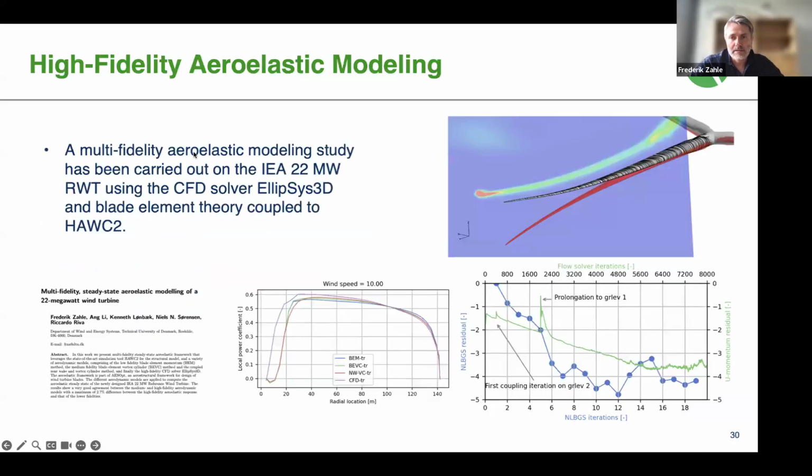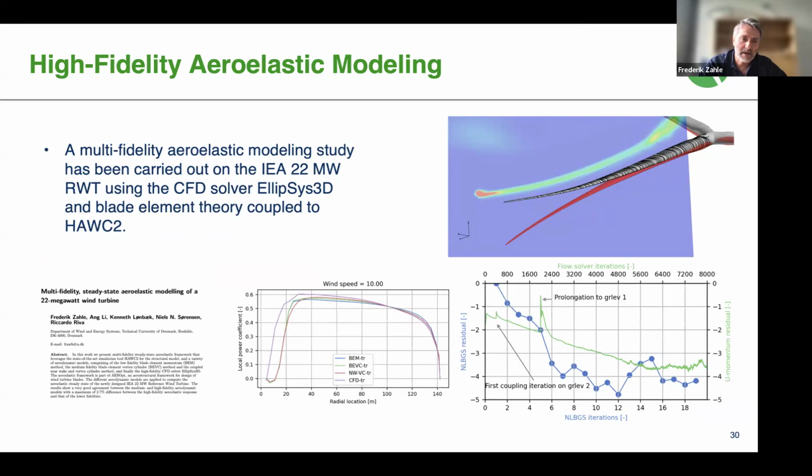So besides the medium fidelity modeling that has certainly been the main focus of our work with the turbine so far, we had another paper presented at the TORQUE conference where we also introduce high fidelity aerodynamic modeling into the mix.